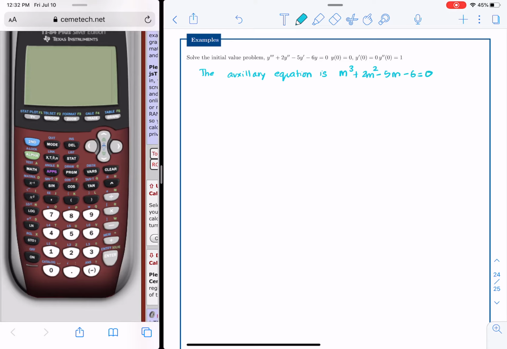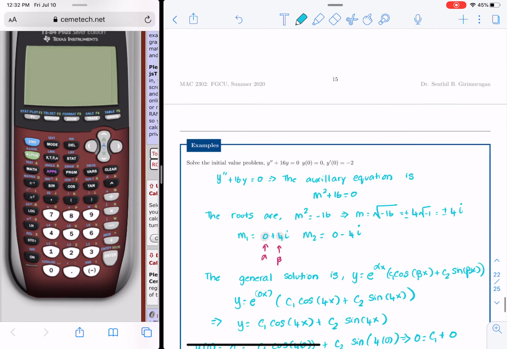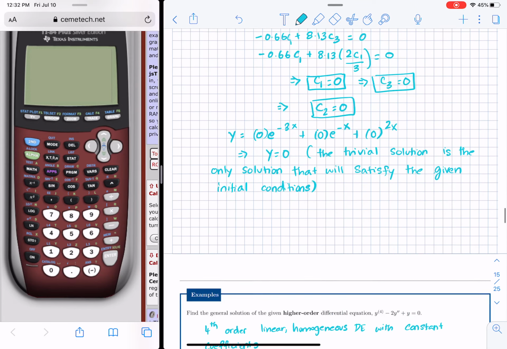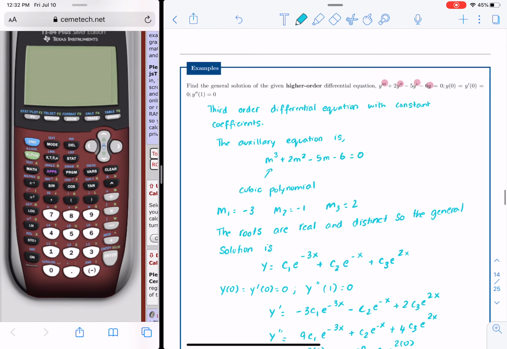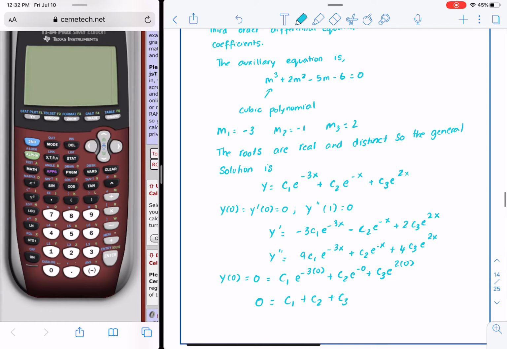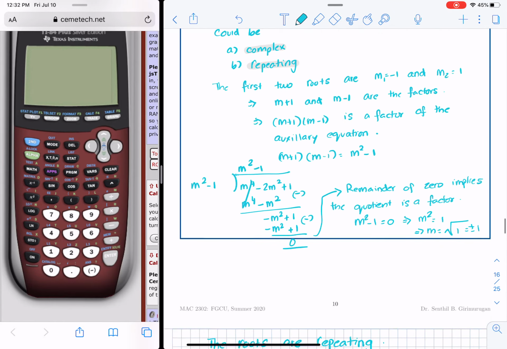It looks like we've done this problem before. You might find it in one of the previous videos. It's right over here, and we found using the calculator the roots to be minus 3, minus 1 and 2.